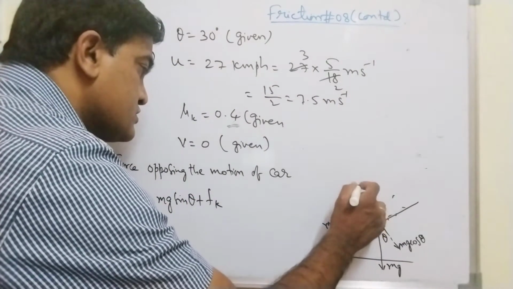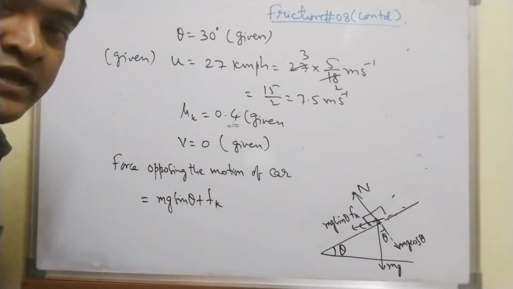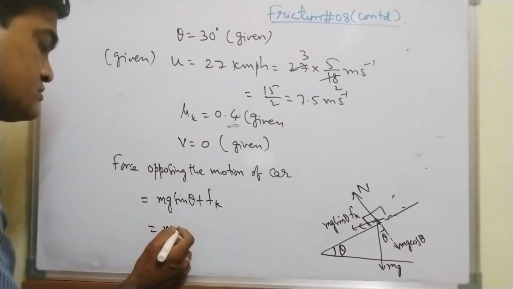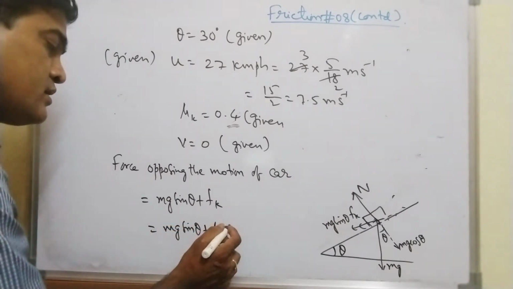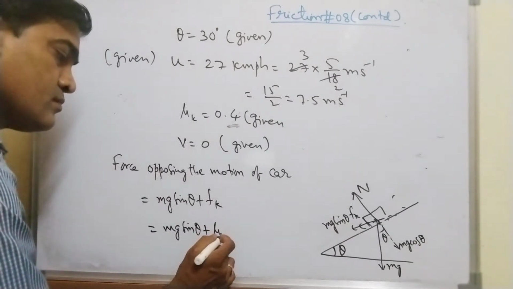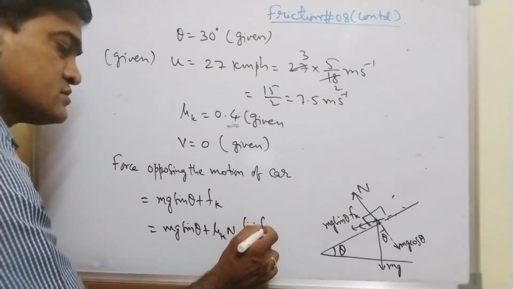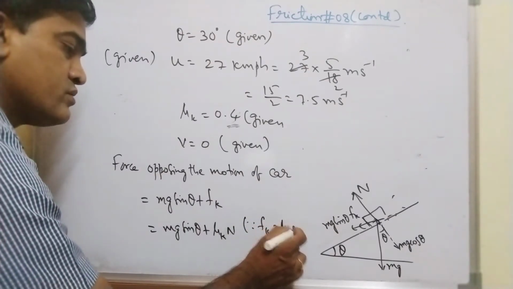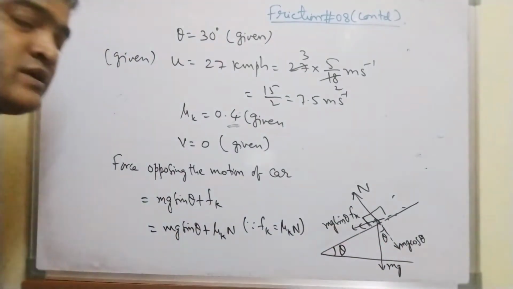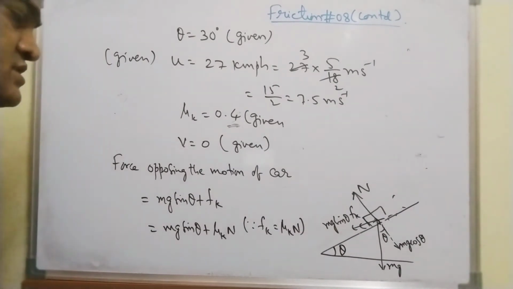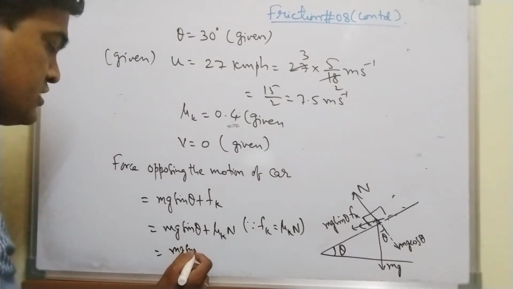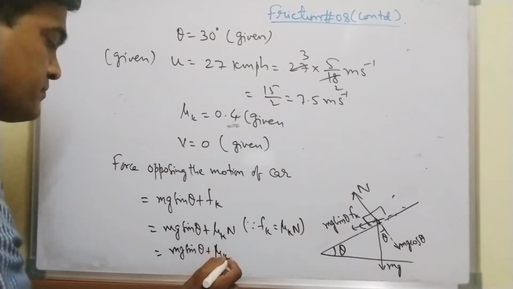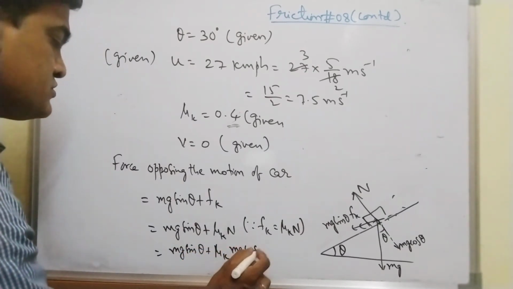Fk is equal to mu k into N, is it not? So mg sin theta plus Fk is nothing but mg sin theta plus mu k into N. But the normal force is balanced by which component? mg cos theta. So it comes out to be mg sin theta plus mu k into mg cos theta.